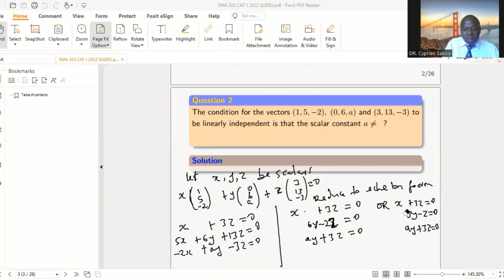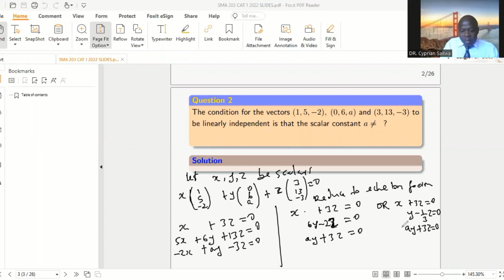So this second equation, instead of dividing by 2, let's just divide it by 3. So that we have ay, and this will be a third. That will have made our work even easier.